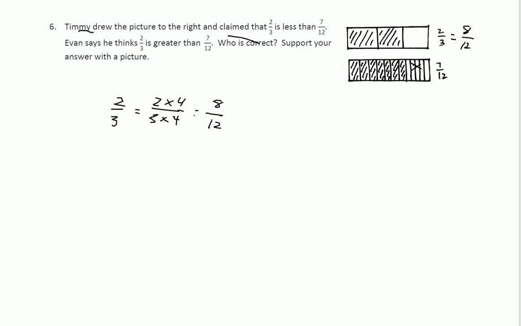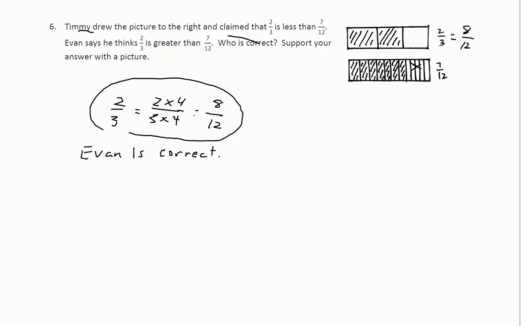So I'm going to say that, let's see, Evan is correct. And I supported it with, well, looking at the picture, I did talk about that, but I actually supported it with straight mathematics and multiplication.